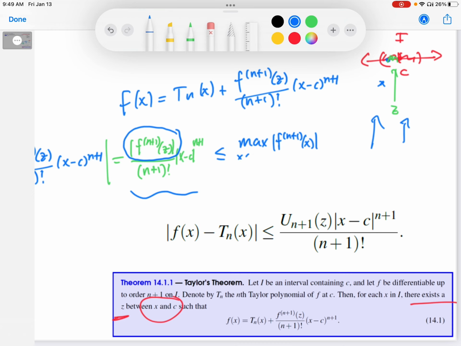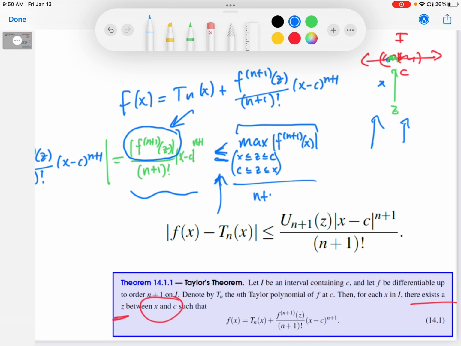It could be x less than or equal to z less than or equal to c, if c is bigger than x, or it could be the other way around, if x is bigger than c. Either way, if we do manage to find this maximum, whichever one of these intervals works, then it really is greater than or equal to whatever the n plus 1 derivative of f evaluated at z could be.